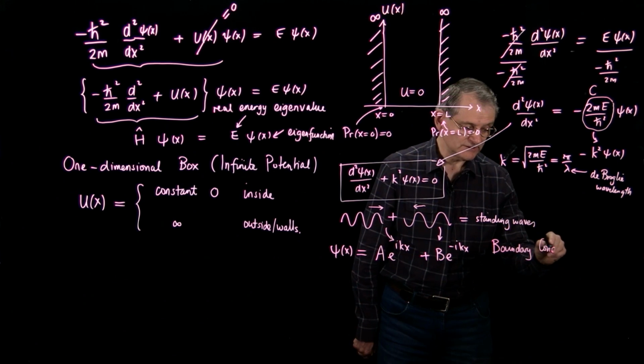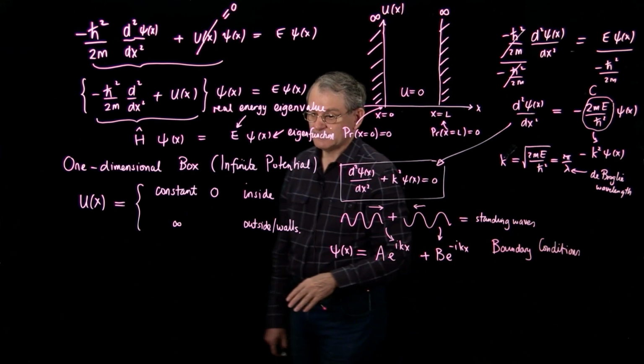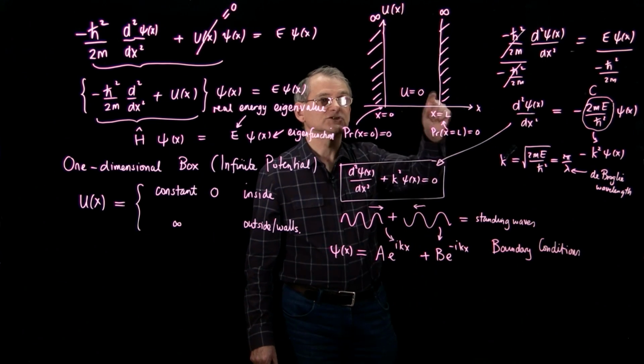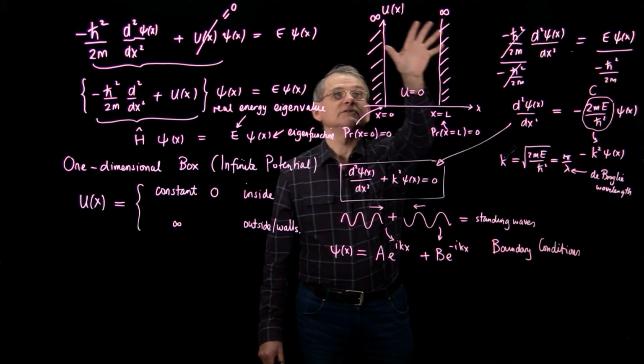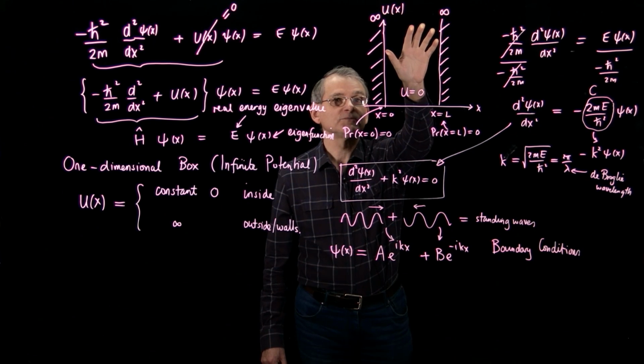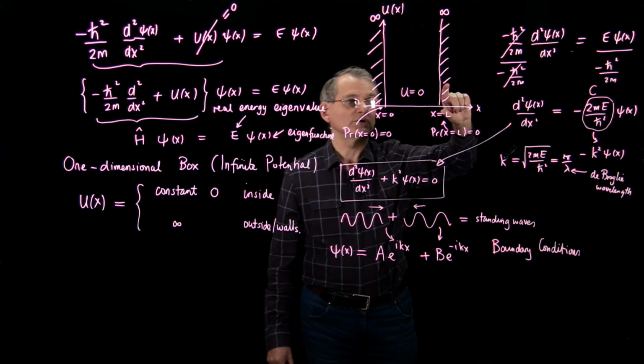It's by imposing these boundary conditions that I encode the physics of the problem. The physics of the problem is that this is a one-dimensional system. It's confined to an infinite potential well or a box. It has zero probability of being found on the walls or outside the box.